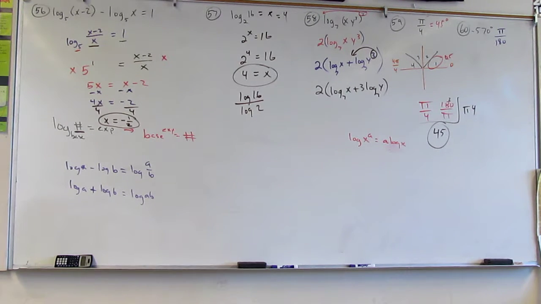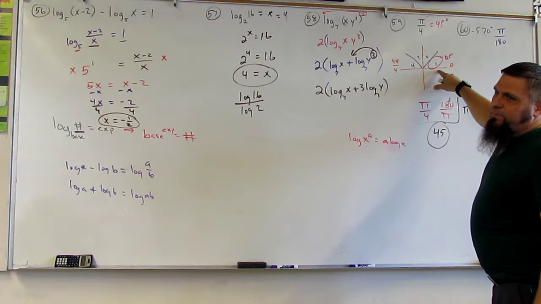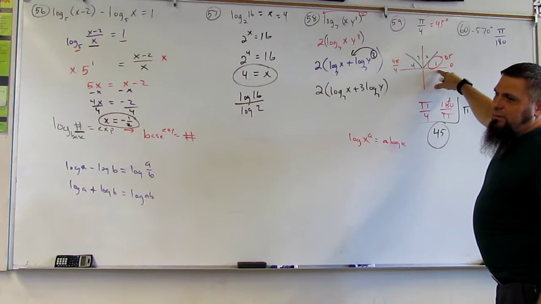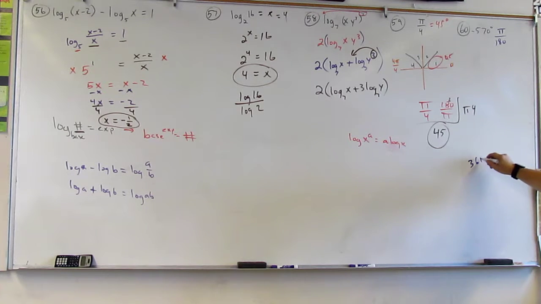Because I could think of this as 570. What is that? 360 plus 180 is 540. Is that right? Yeah, 540.